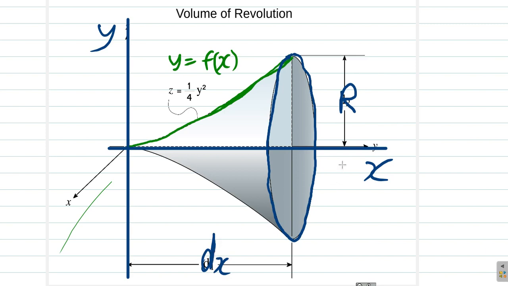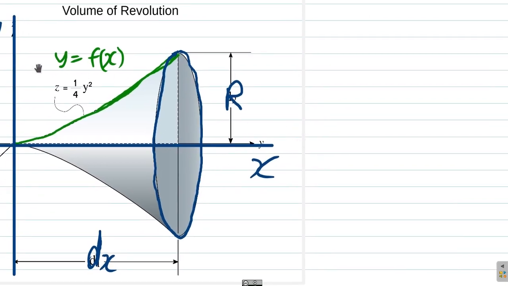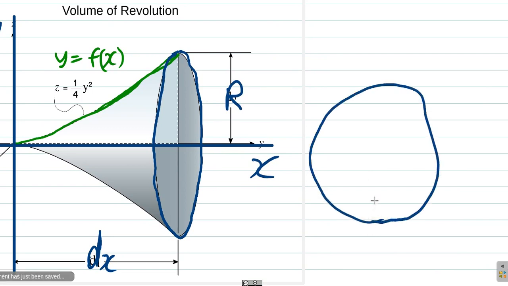Alright? Now, the cross section here we're looking at, if you look straight at it, what you would see is a circle. And the area of this circle, remember the formula for the area of a circle? It is pi r squared, where r is the radius. Alright?